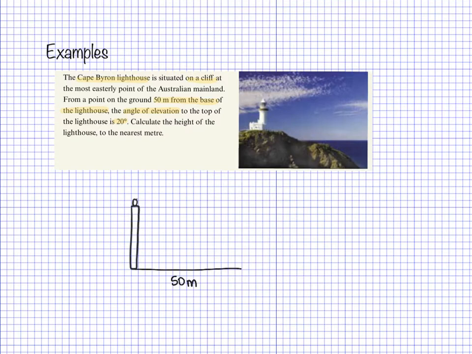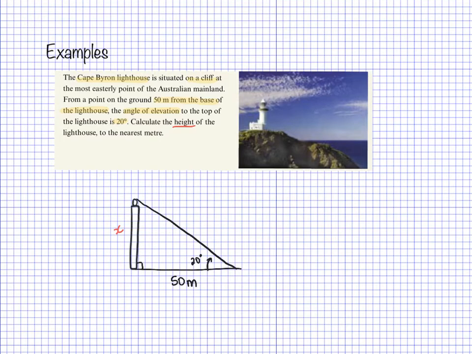So if I draw my line of vision in here, the angle of elevation is going to be 20 degrees. We're going to assume that the lighthouse is vertical, so that will be our right angle here. The last bit is our unknown, the height of the lighthouse, which would be x. So I've drawn my picture. Now I need to solve for x.